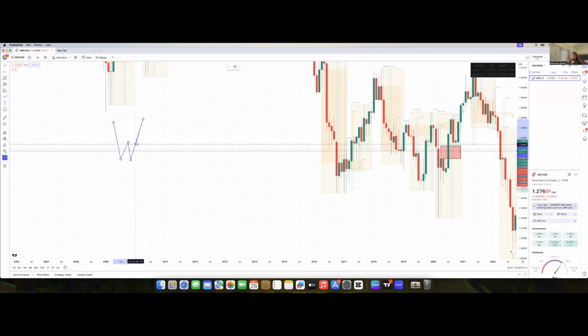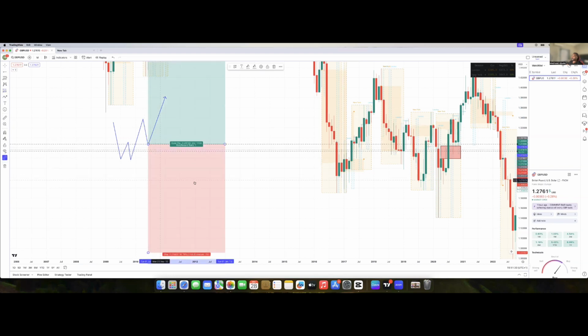This is the completion of W pattern. When you see W pattern, what we do as a trader is we place a buy here, then our stop loss will be below the double bottom, if you understand what I mean. So this is how it works.